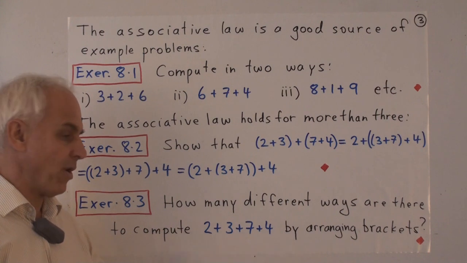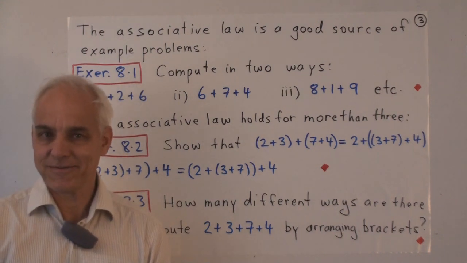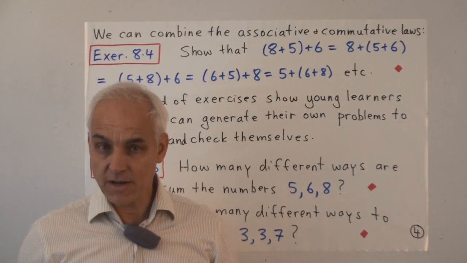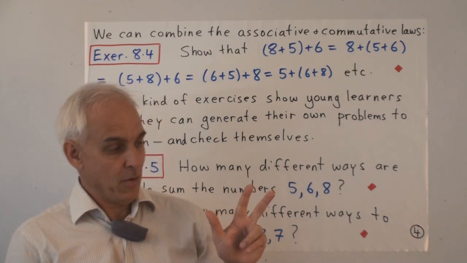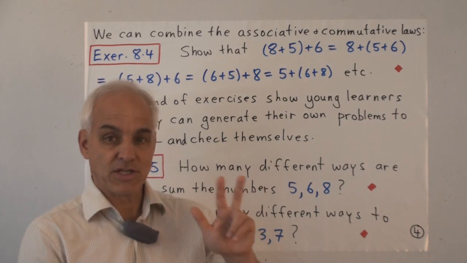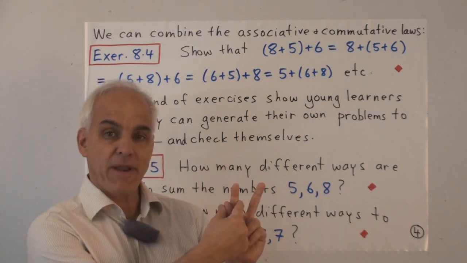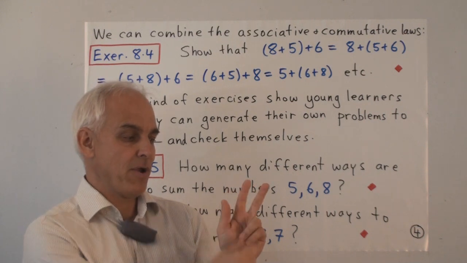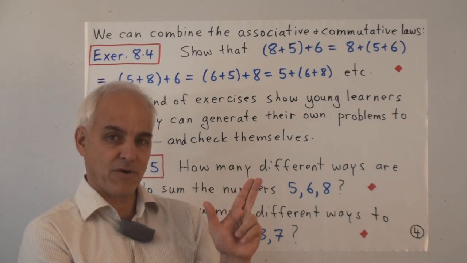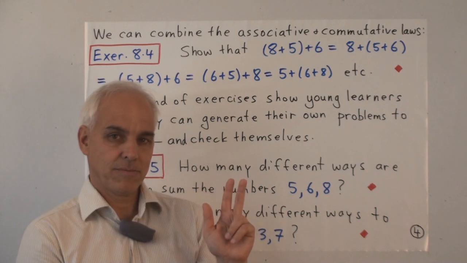How many ways are there altogether of arranging brackets? The associative law involves 3 or possibly more numbers added together, where the order of the actual numbers isn't changing, but the order of the combinations is different. Either that combination first and then add that one, or this combination first and then add that one.